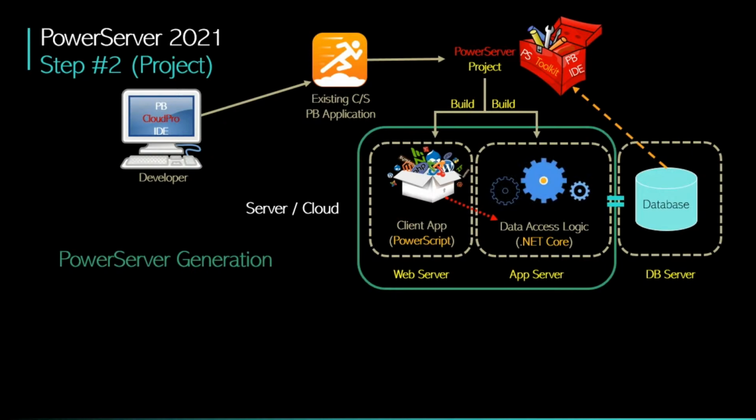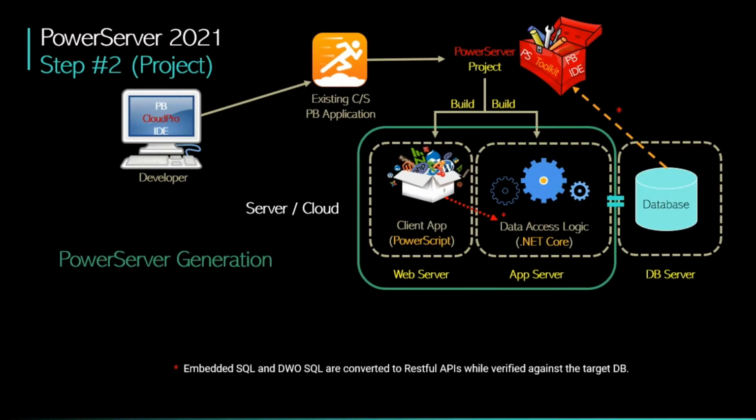So the next thing that happens is if everything balances and it can verify that those tables and those stored procedures exist, it'll remove the data access logic from the client application and build the .NET Core C# data access logic, which is really PowerServer itself. This is automatic. You don't have to do anything here. It just does that automatically during the build process. And of course, what's left on the client side are DataWindows that have no SQL.